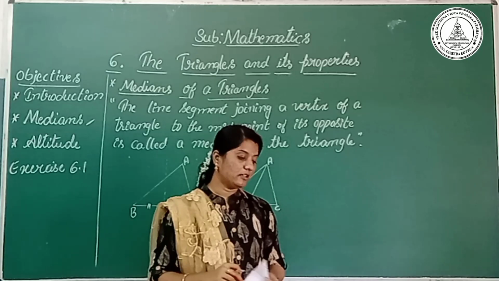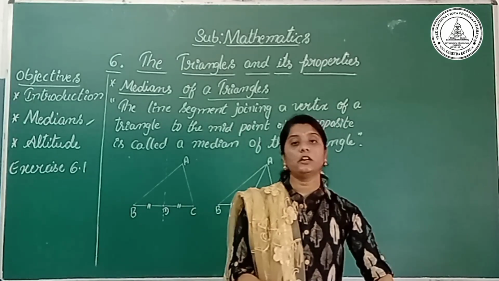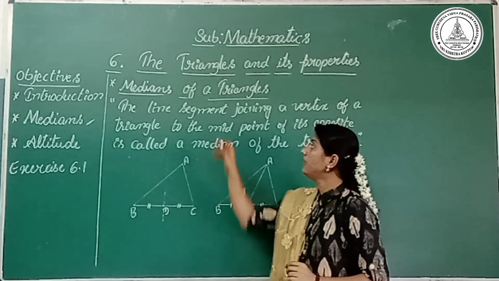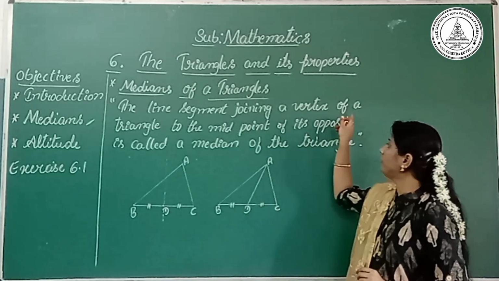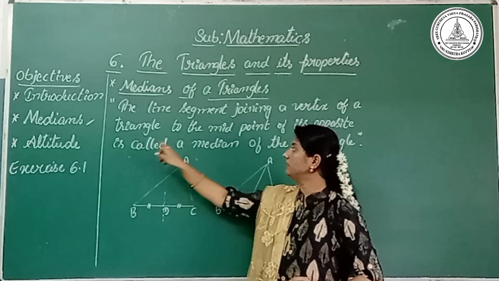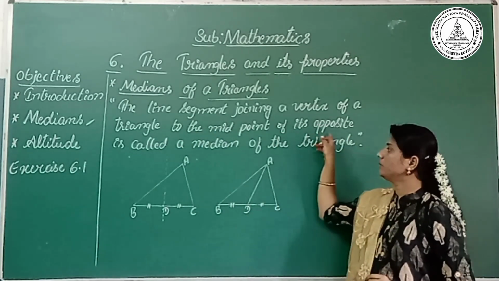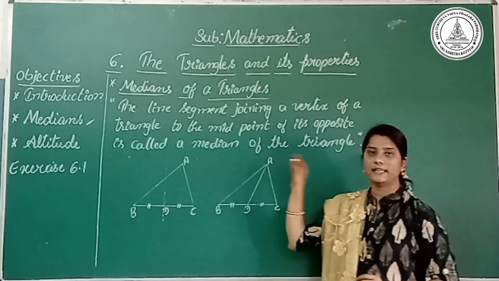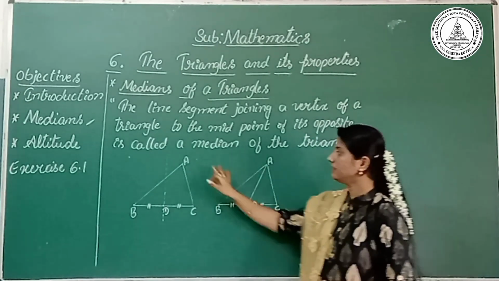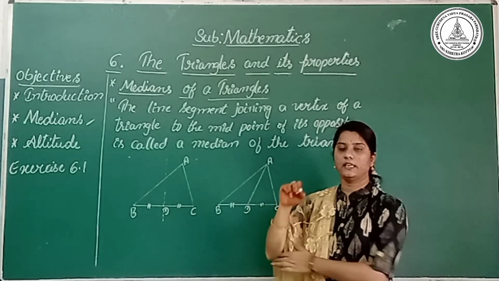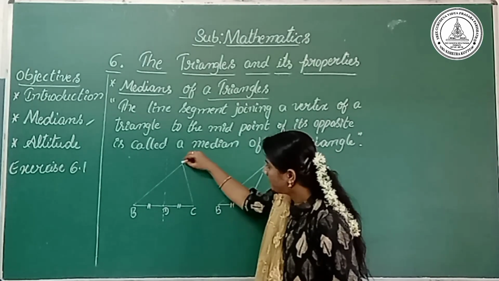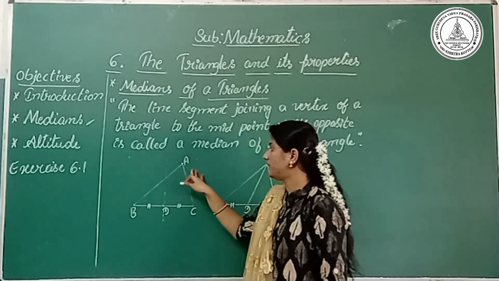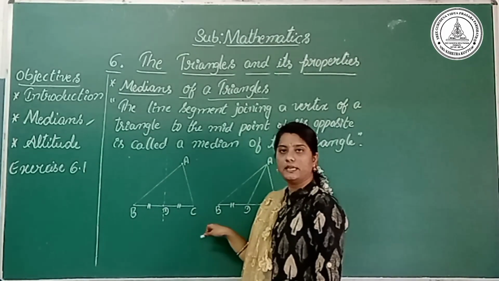Let's see the definition of the median of a triangle. The median of a triangle is the line segment joining a vertex of the triangle to the midpoint of its opposite side. Here there is a triangle ABC. For the vertex A, the opposite side is BC, right?